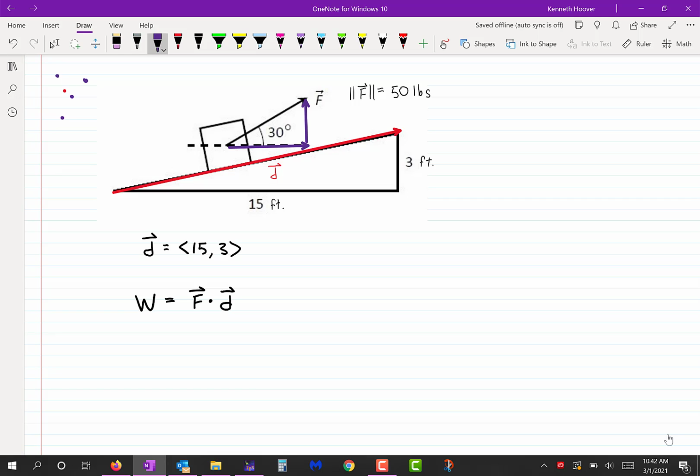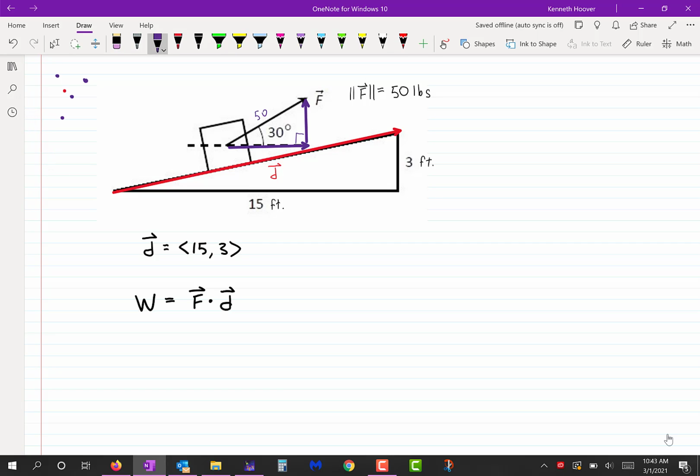Remember that the magnitude of F is 50, so if we're thinking about this as a geometry problem, I see a right triangle there with one angle of 30 degrees and a hypotenuse of 50. Okay, so how long is the horizontal leg? It has a length of 50 times cosine of 30 degrees, correct?